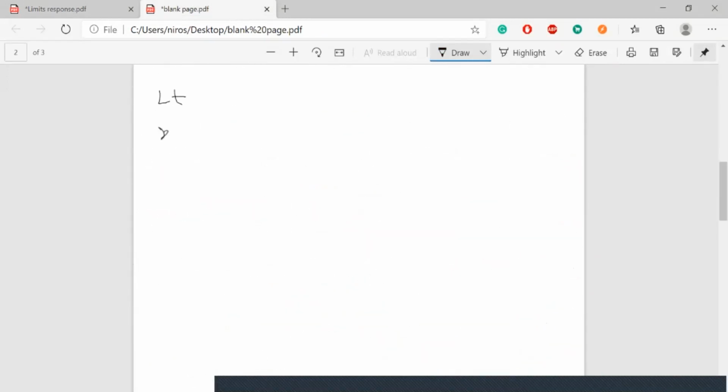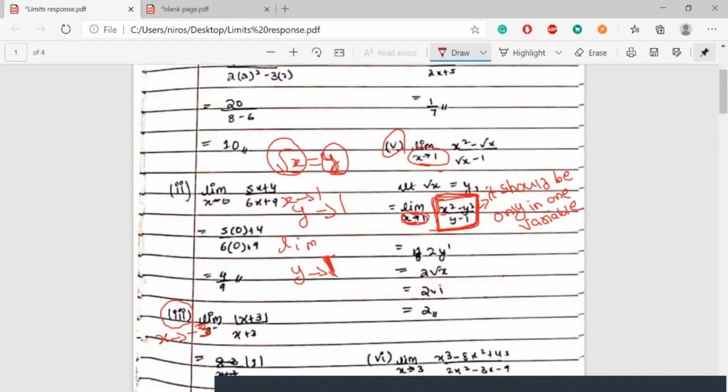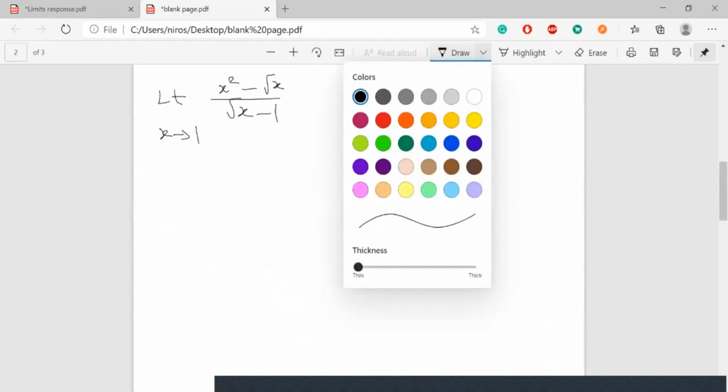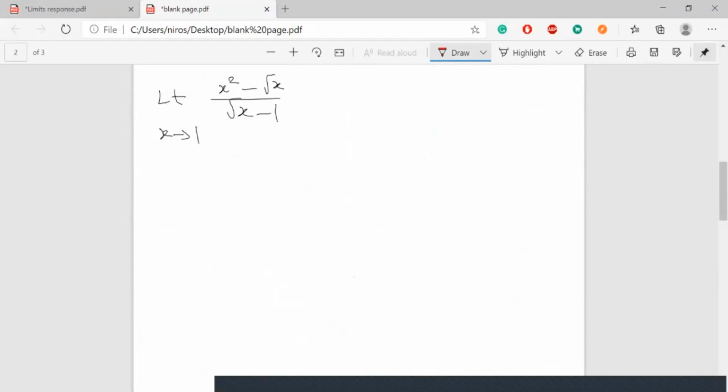So the limit as x tends to 1 of x square minus root x divided by root x minus 1. Now, same thing, you have assumed root x is equal to y, which means you are converting all the variables in x to y.